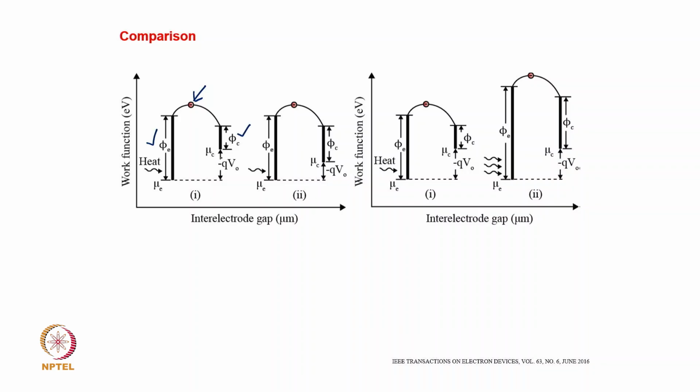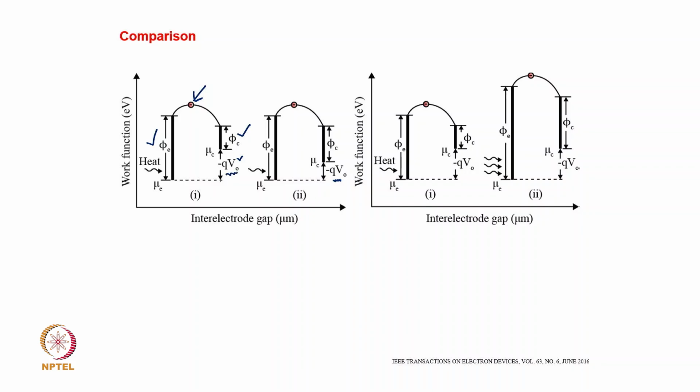As I mentioned, the difference between these two work functions is actually the voltage of the thermionic generator. And now, if we look at these two cases, you can see the voltage generation is less here as compared to this.